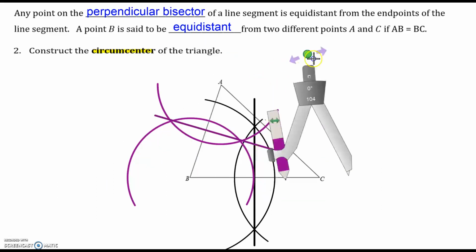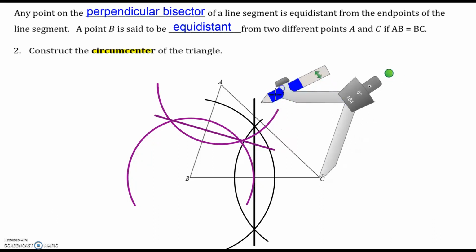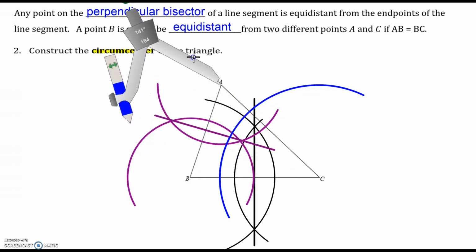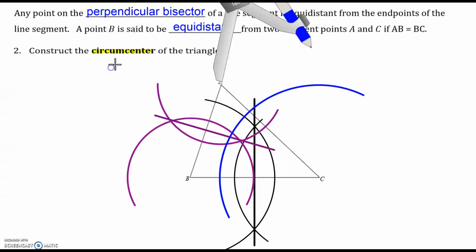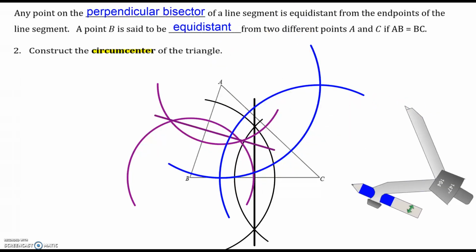So you really only have to do two, but just to show you, if we did also do the perpendicular bisector for AC, opening more than halfway, swinging your arc, and then going to the other end and doing the same size arc so that you get your two intersections, that line is also going to cross the other two in the same exact place.